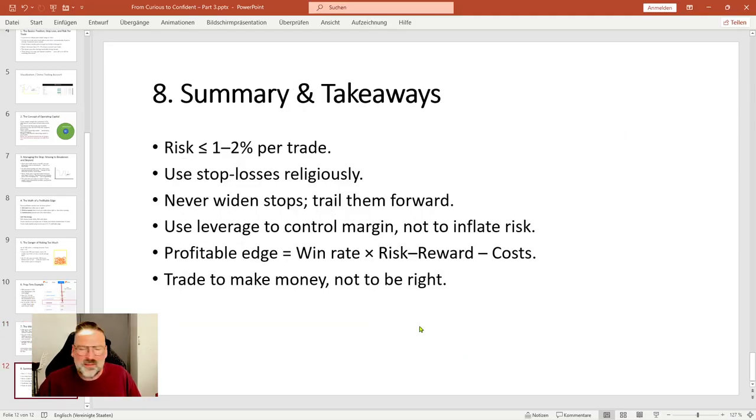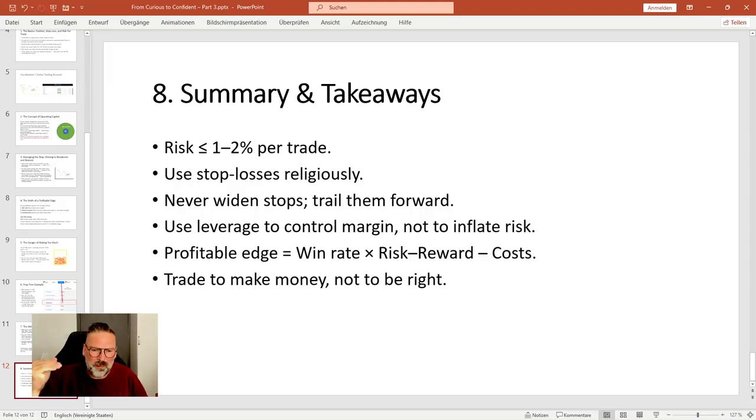So, let's wrap this up. We're already talking here for over half an hour. Risk 1 or 2% per trade, rather 1%. Use stop losses religiously. Never widen your stop loss. Always move it in the direction of your entry.